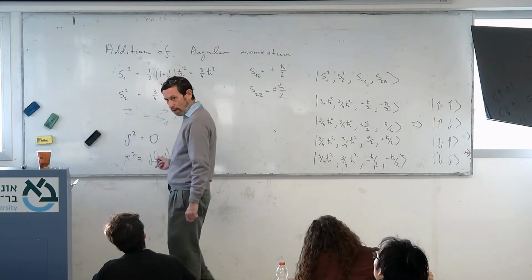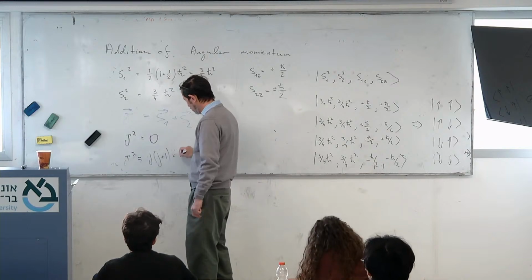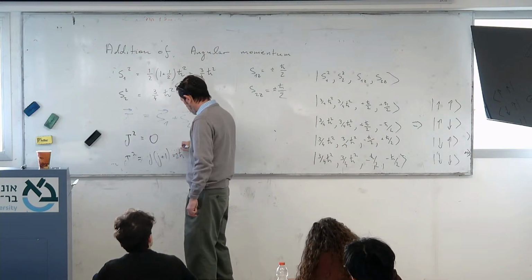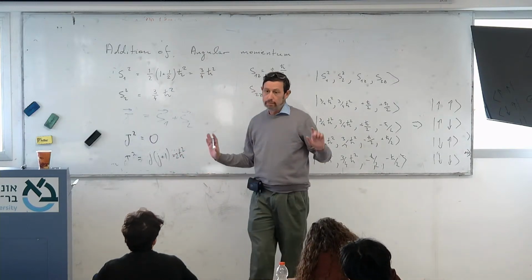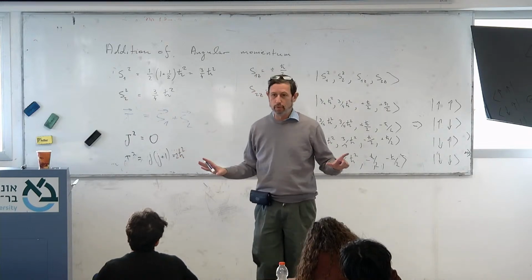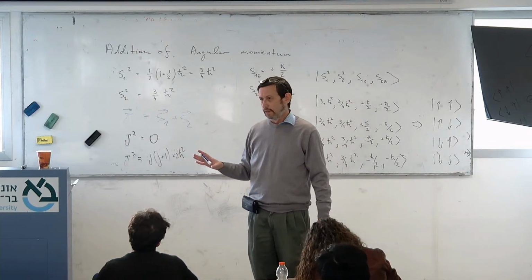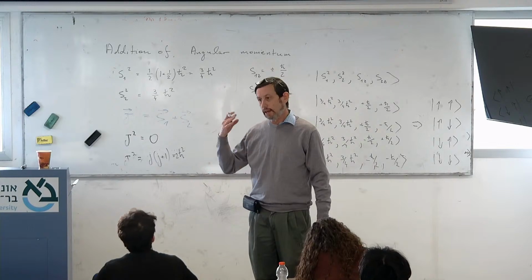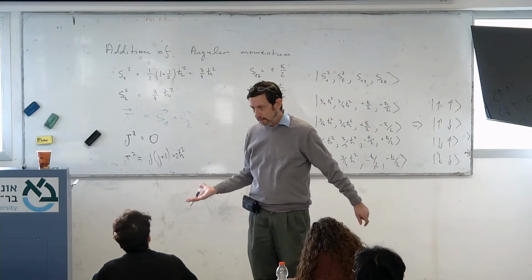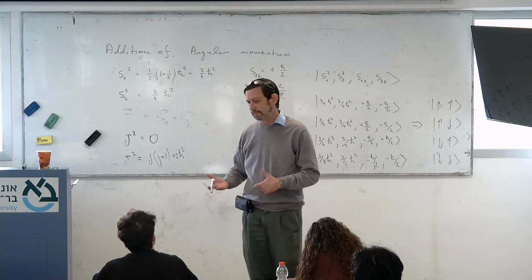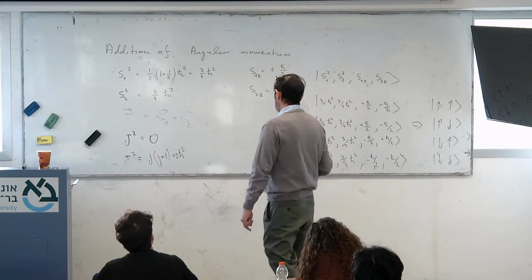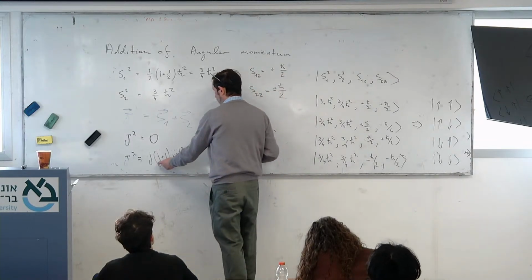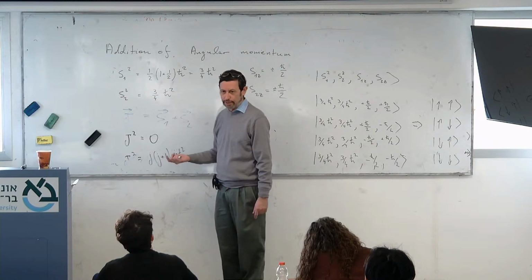J is 1, so it's 2ħ squared. These are the 2. Can I get something larger? No, I can't get a total spin that will be larger than J equal 1 and not smaller than J equal 0.